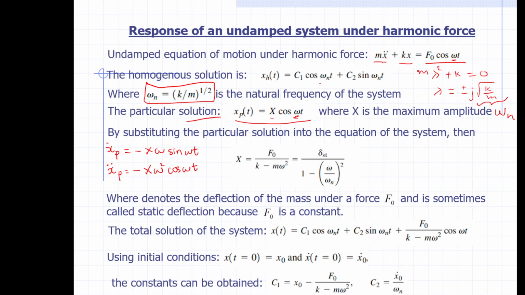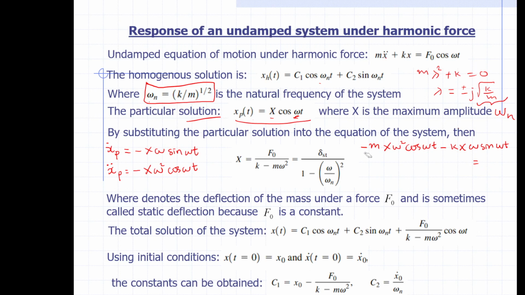Let's substitute into the original equation. Sorry, I think I made a mistake.